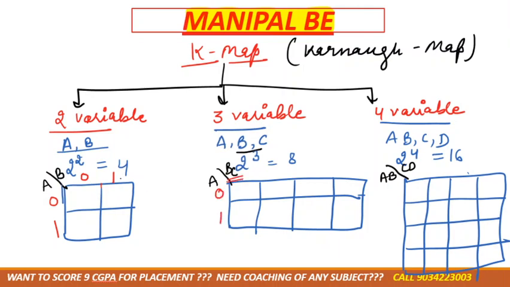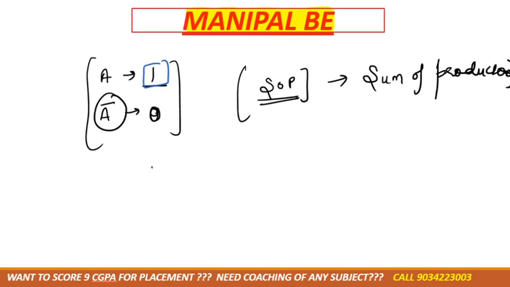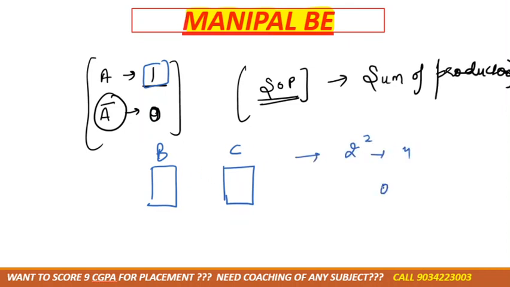Now similarly, in the 3-variable K map, A can be 0, 1. Now for BC, suppose there are 2 switches in your room, one is switch B and this one is switch C. How many are the possible combinations? If we have 2 switches, then we'll have 4 possible combinations, that is 00, 01, 11 and 10.